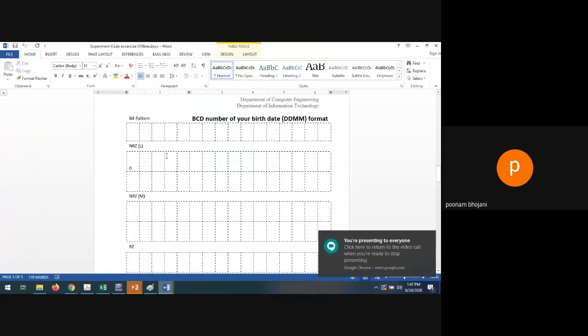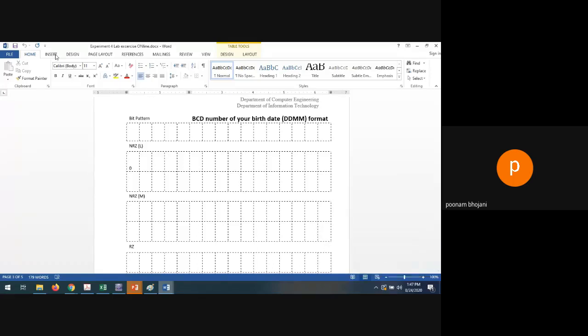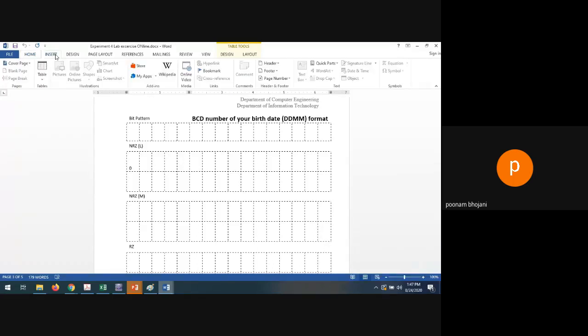Otherwise, you can draw the waveform also. You are asking how we can draw. See, it is very easy. For example, I want to draw here, insert, let's say I want to insert a line. Just a minute.